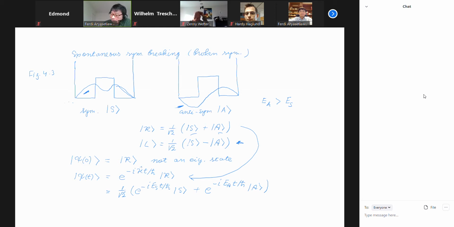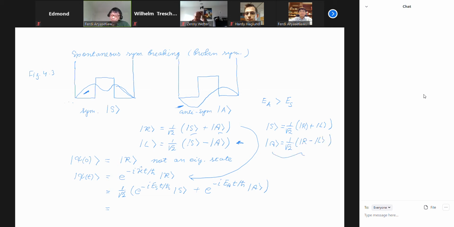Now if we rewrite this again in terms of the right and left states, of course I can also write the symmetric state as 1 over square root of 2 times R plus L, and the antisymmetric would be 1 over square root of 2 times R minus L, like this.